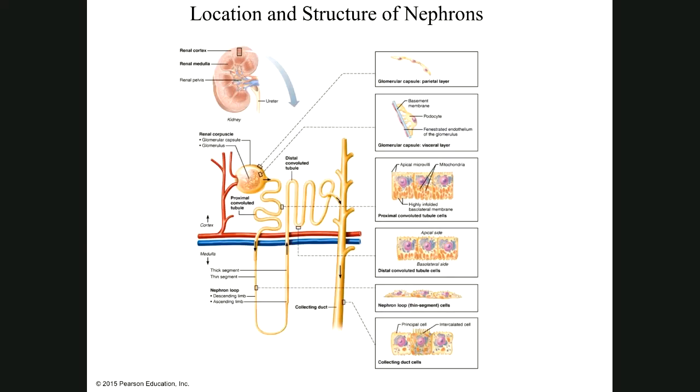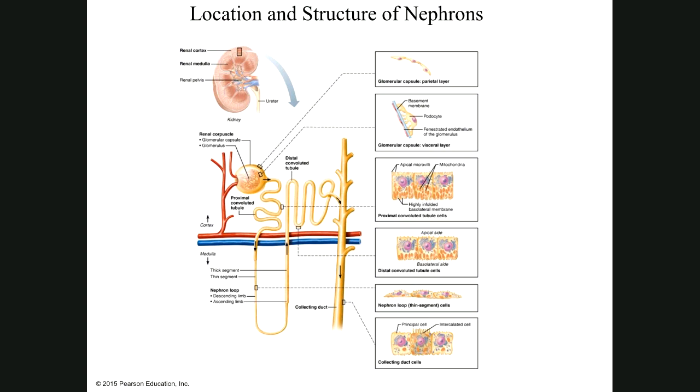So this is the structure of sections of kidney. Apparently this is a right kidney. So we said that we take it bigger.